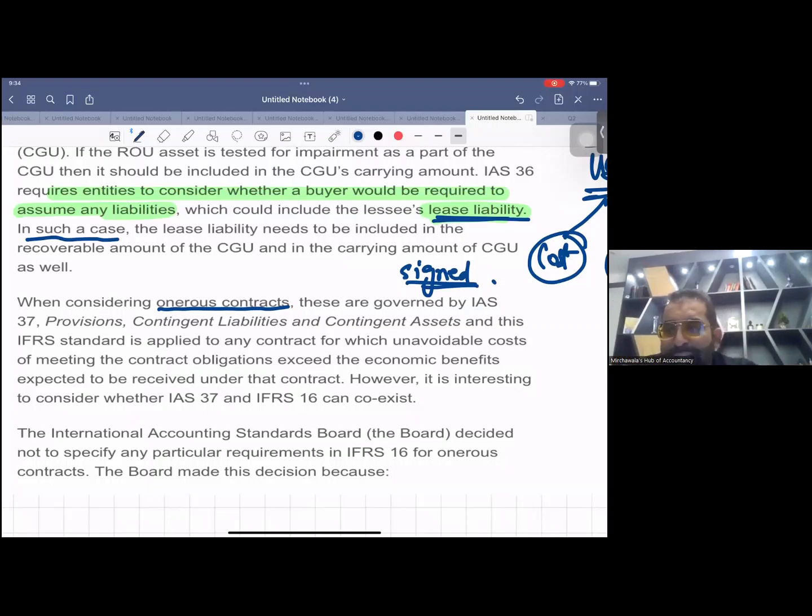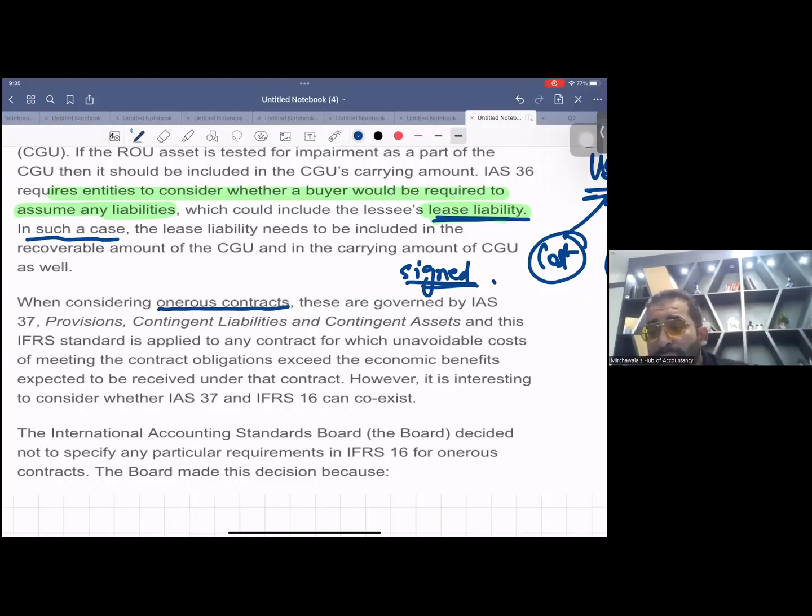So whenever you find such onerous contracts, IAS 37 says you have to book the provision for that onerous contract, and you have to make the entry: P&L debit and provision credit.